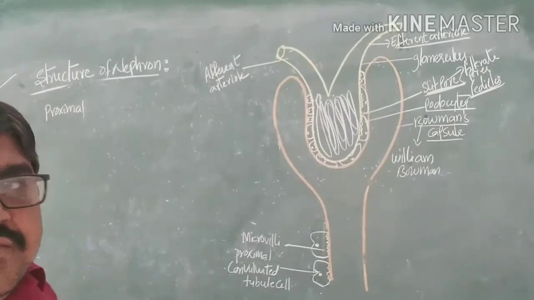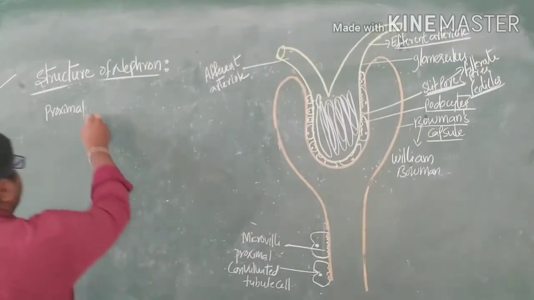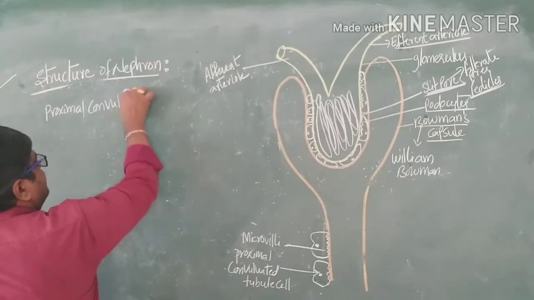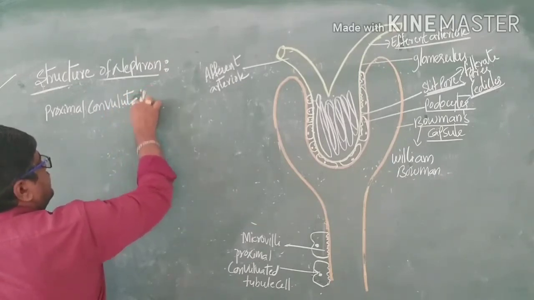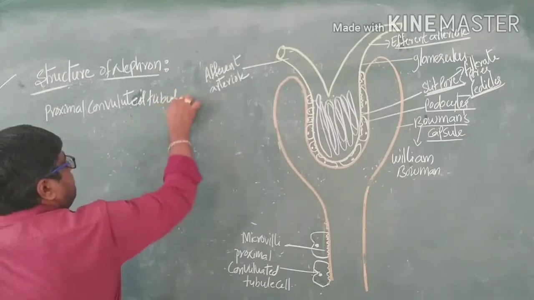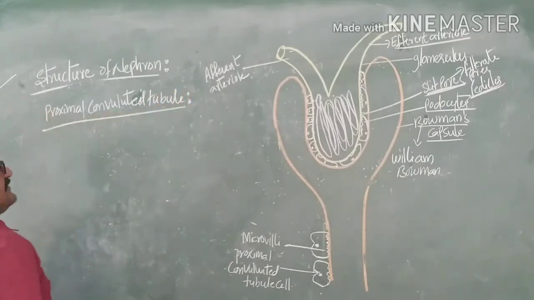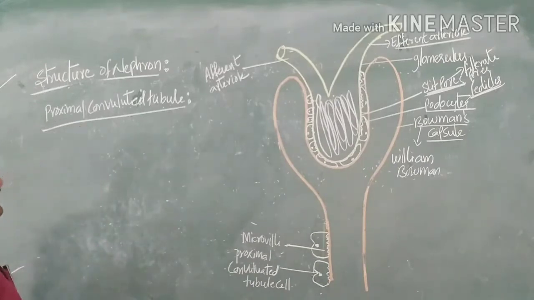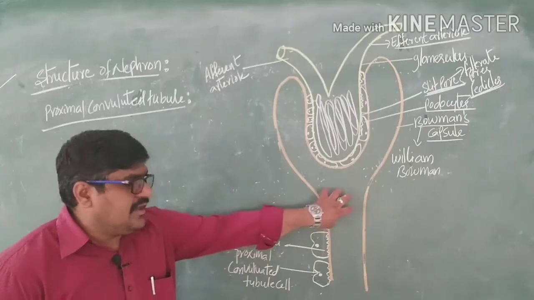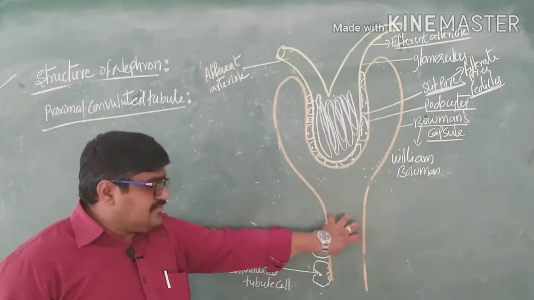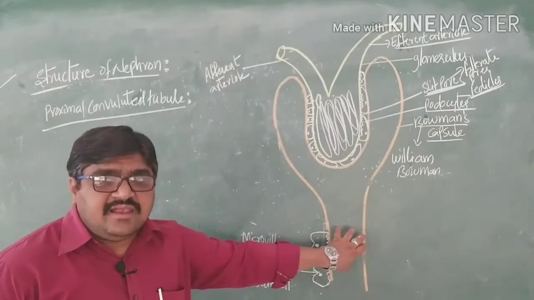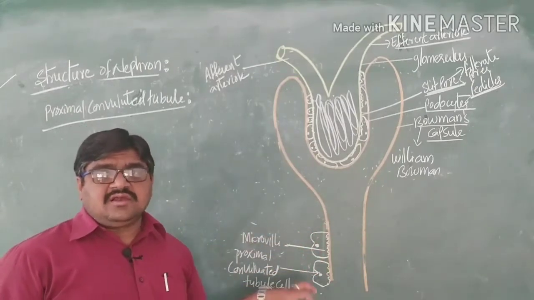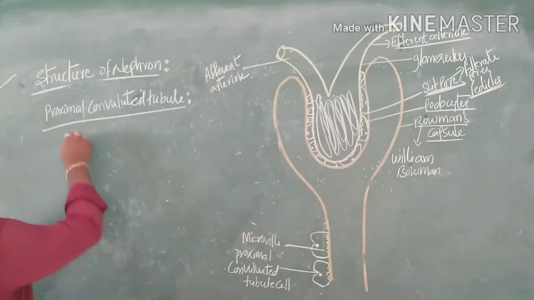The proximal convoluted tubule is present immediately next to the Bowman's capsule. This region is called the proximal convoluted tubule, and it is 15 centimeters in length.